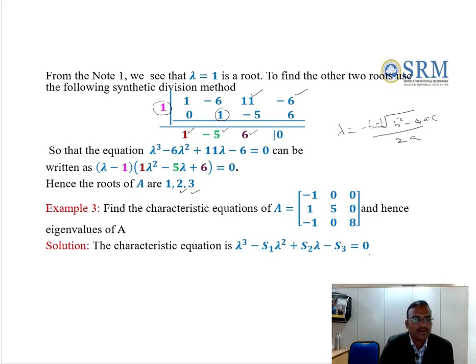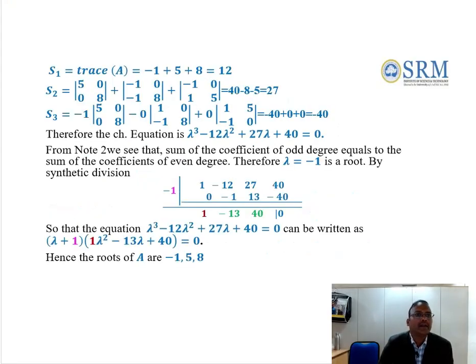S1 is nothing but the sum of the diagonal elements, s2 is the sum of the minors of the main diagonal, and s3 is the determinant. So s1 equal to 12 and s2 equal to 27, and s3 equal to minus 40. Therefore the characteristic equation is lambda cube minus 12 lambda square plus 27 lambda plus 40 equal to 0.